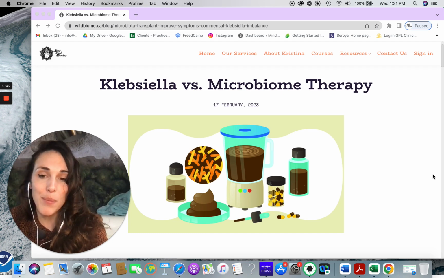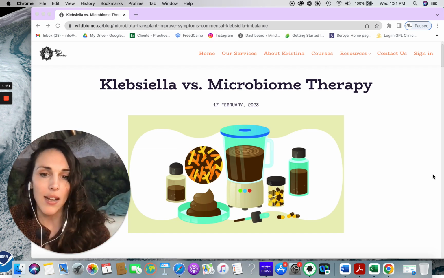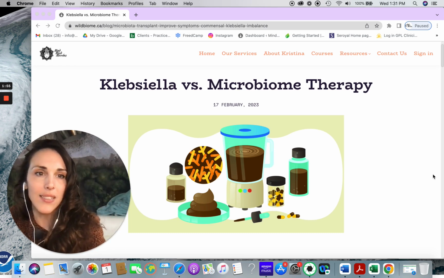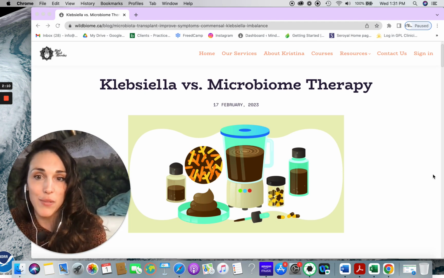So my first point today is that full-blown infection and subclinical infection are two very different things. So infection versus low-grade infection or dysbiosis, very different things. I think a lot of people become attracted to FMT because they have read the research on how patients with infections respond to FMT, and it's typically a very positive response.